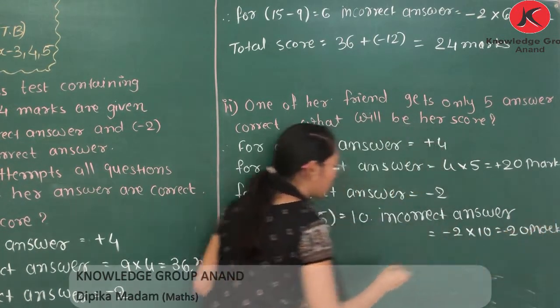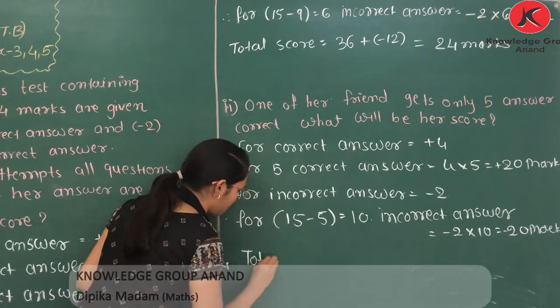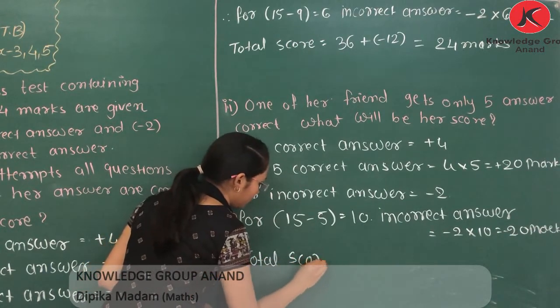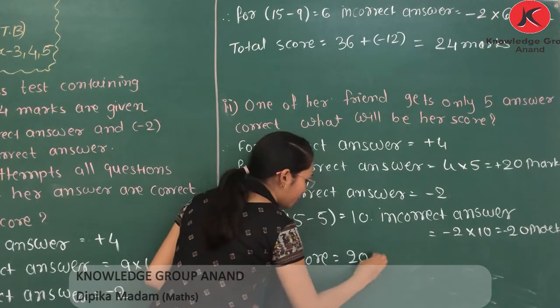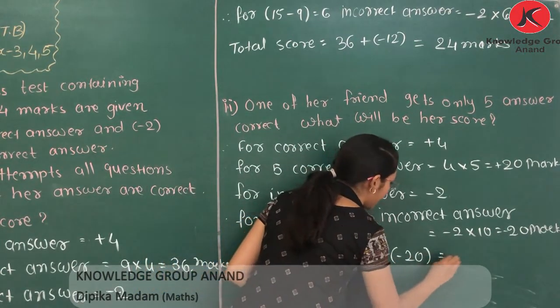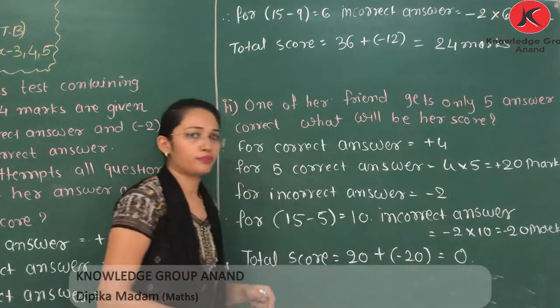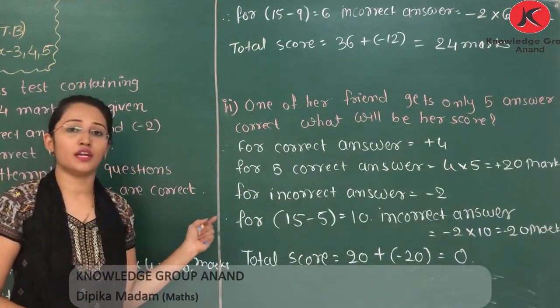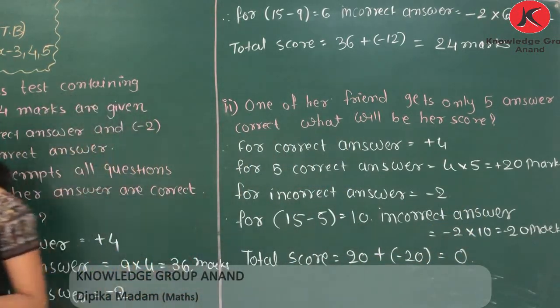So what will her total score be? 20 for correct answers and -20 for incorrect answers. So 0. The same example is given in your exercise.